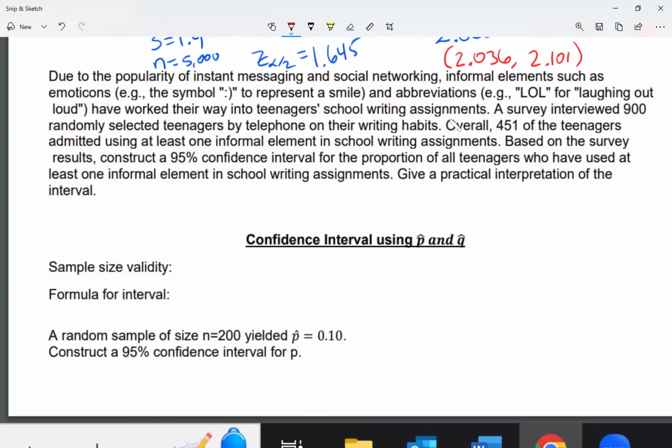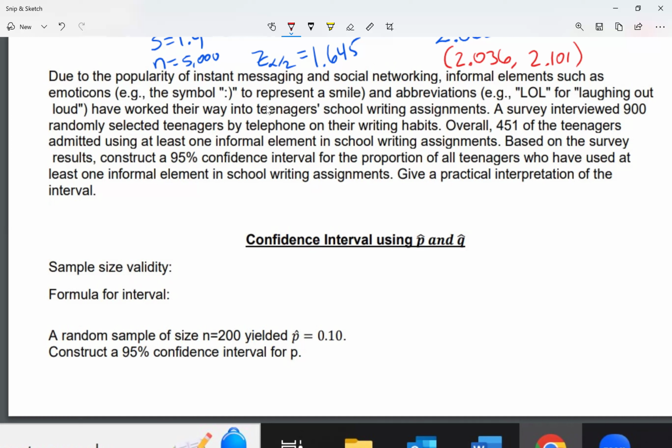I've seen IDK, and believe me, when I get a test or a homework and I get IDK, we know that stands for I don't know. I usually respond back with ICT. That means I can tell. Right? You don't have to tell me you don't know. I can tell.